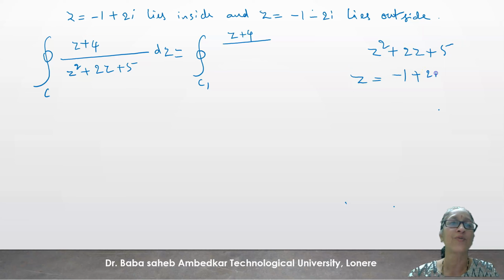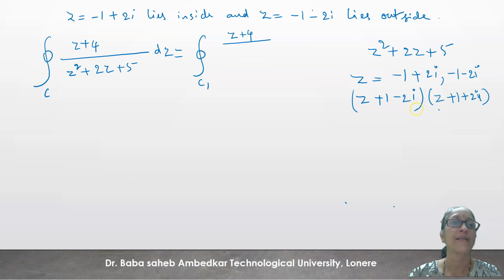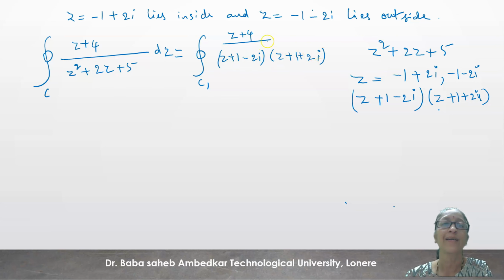That means one factor is z plus 1 minus 2i and the other factor is z plus 1 plus 2i. So you can write this expression as (z plus 4) by (z plus 1 minus 2i)(z plus 1 plus 2i) dz.